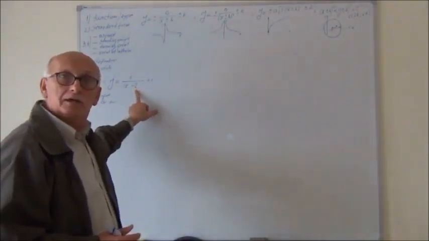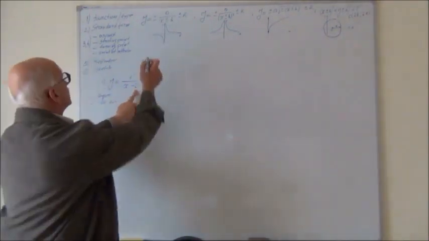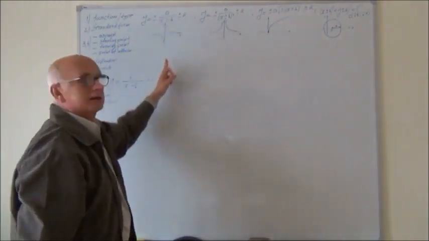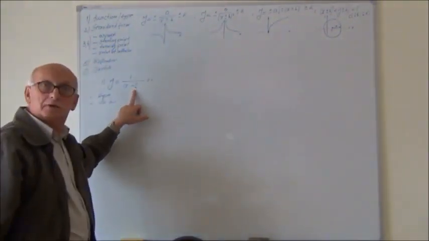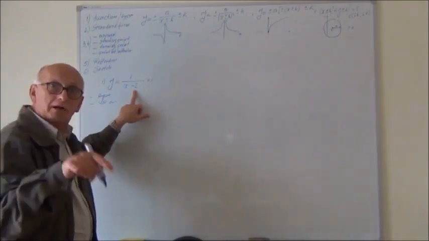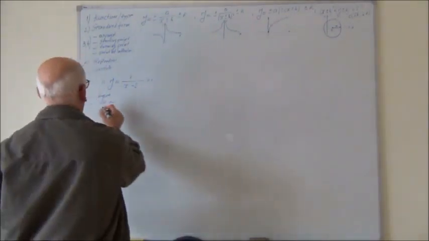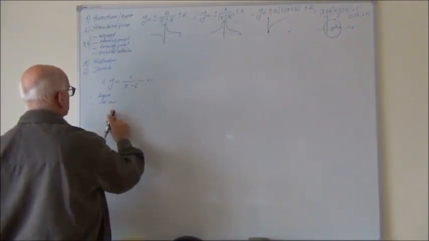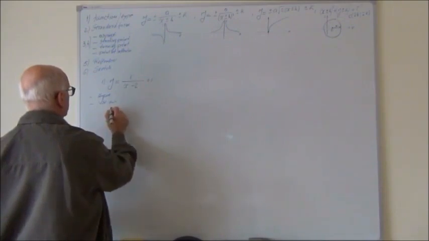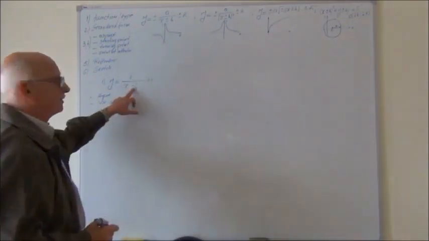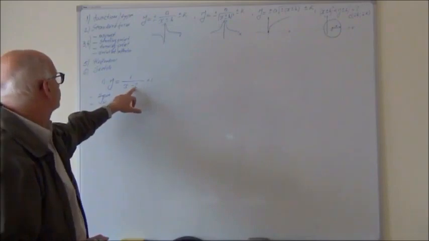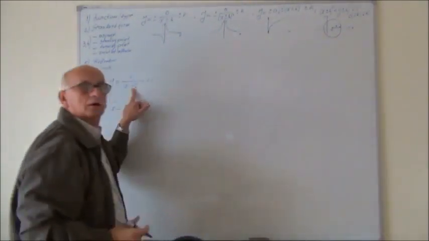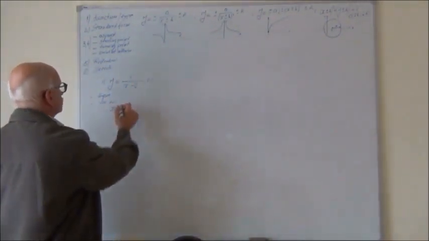Okay, if this number is horizontal translation, moving that graph to the right or to the left, then we have a vertical asymptote. Write the equation for the vertical asymptote: x is equal, always the opposite sign of this number, because if it's minus, the graph is going to the right, to the positive side for 2 units.